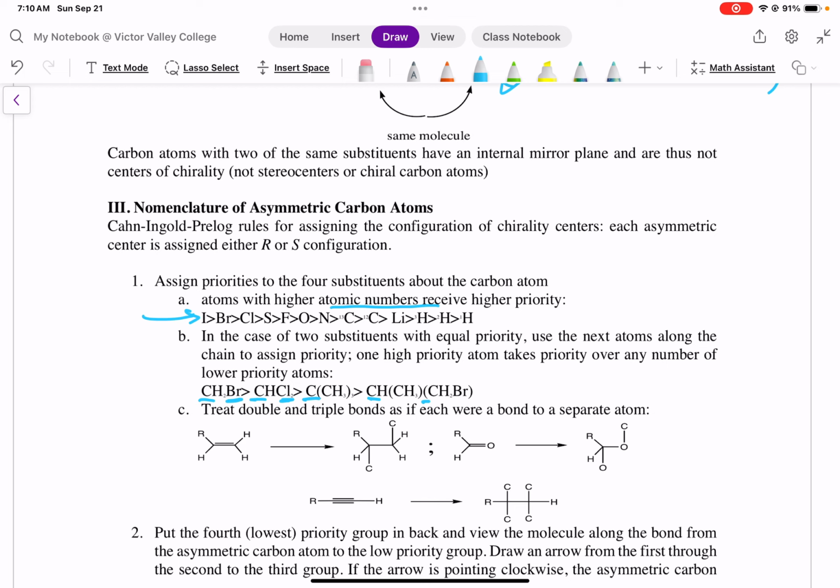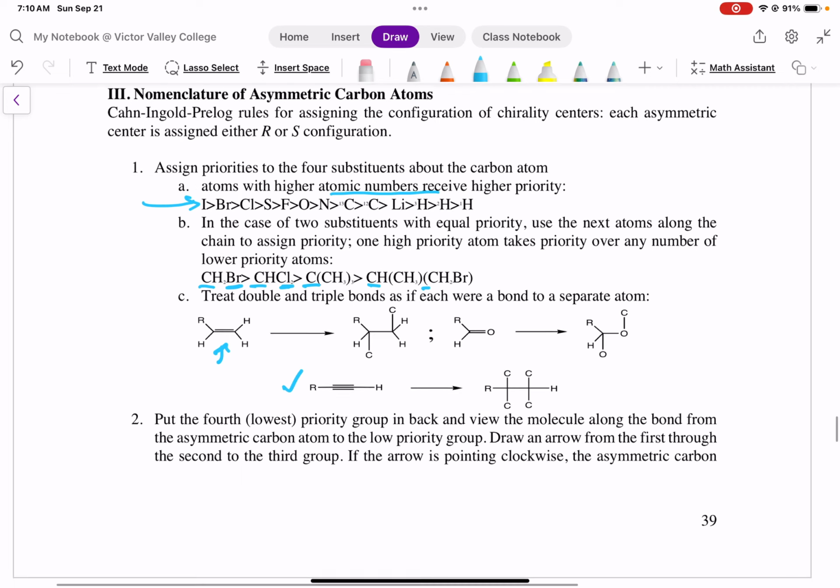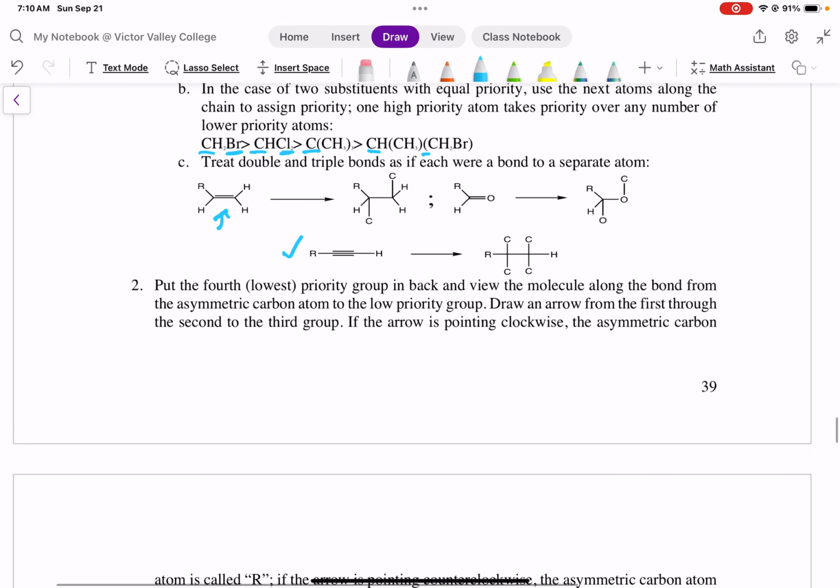And you always look at the next one. If you have a double bond, obviously double bond is higher than single bond. Triple bond is even higher because it's triple. Okay. And then what you do, you put the lowest priority group in the back, and then you do rotations.